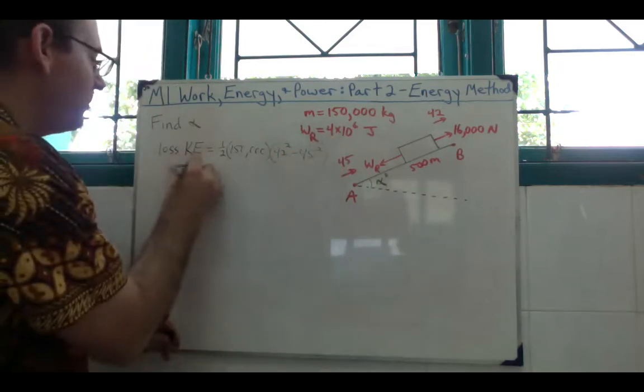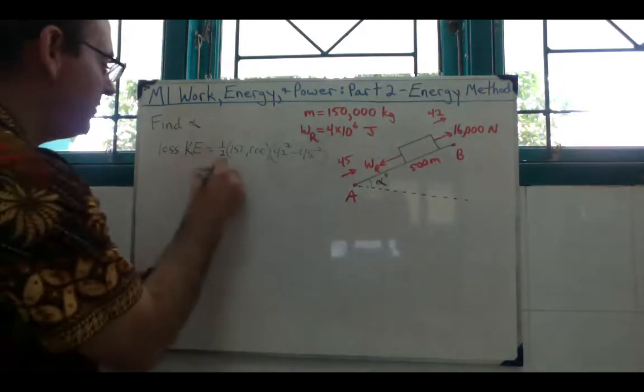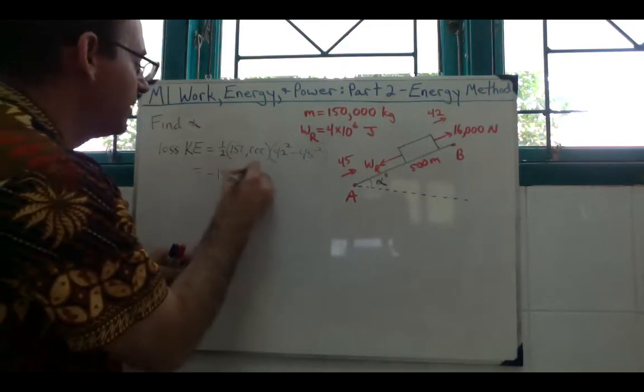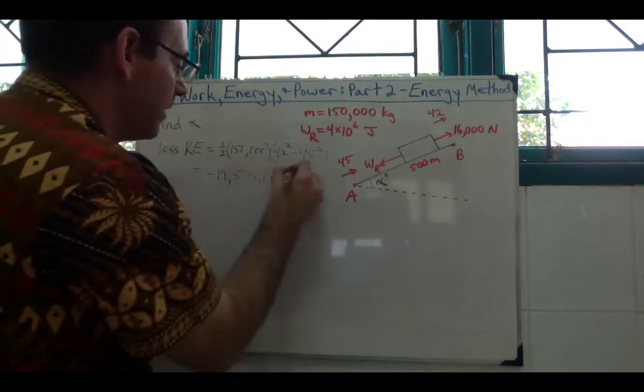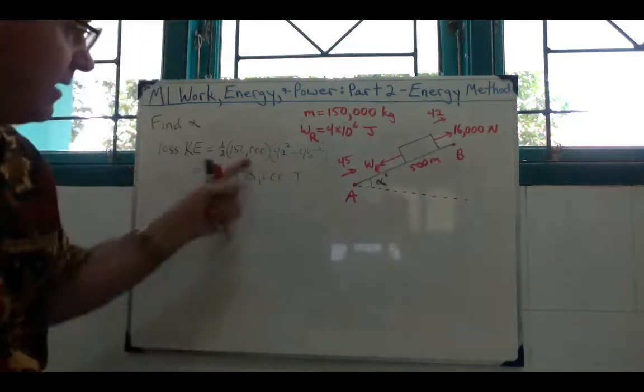And so we end up with a total of negative 19,575,000 joules. A lot of energy there because it's a very big train, a lot of weight.